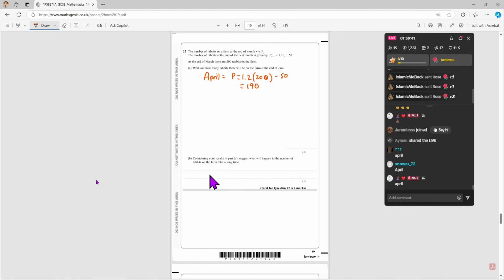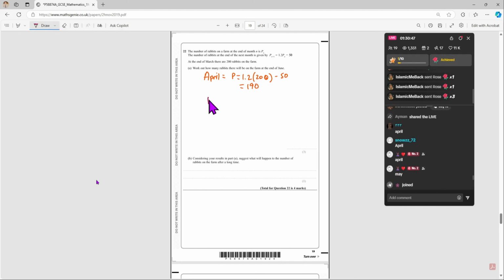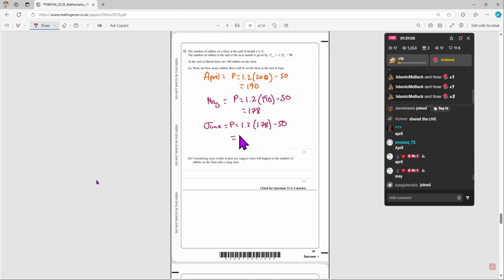What comes after April is May. So May is P equal to 1.2 times this answer over here, 190 minus 50, and then you get 178. And lastly you get June, which is P equal to 1.2 times 178 minus 50, which will give you 163.6.